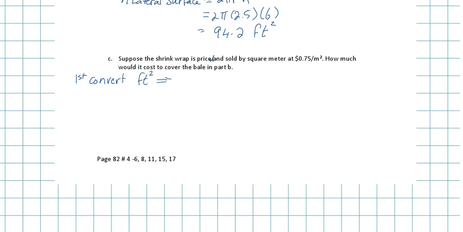Now remember that if you go to your formula sheet, you probably can find feet to meters, right? But I don't have feet to meters. What do I have? Yeah, it's 0.3048.